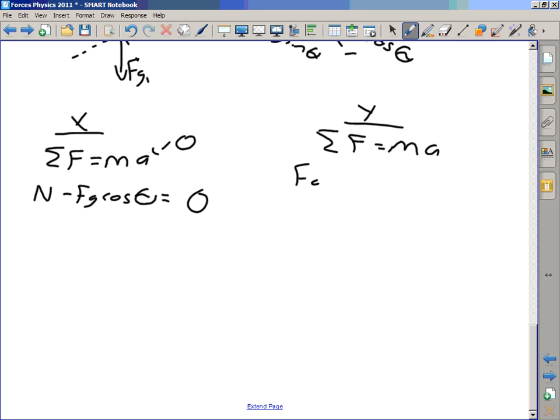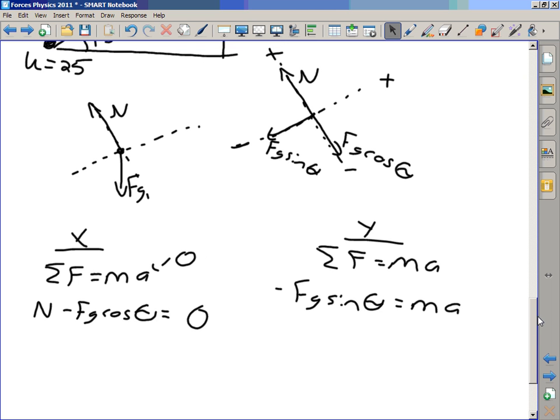All I have is Fg sine theta, negative Fg sine theta, to be more precise, because it's coming back downhill. Just look at your bottom. The only thing in this y-axis is the negative force of gravity, sine theta.